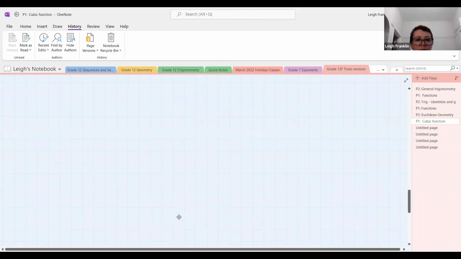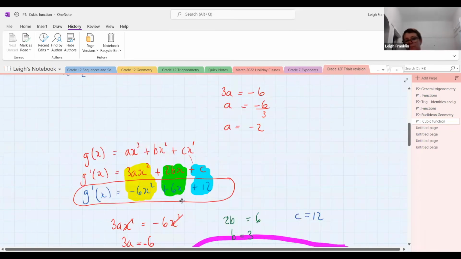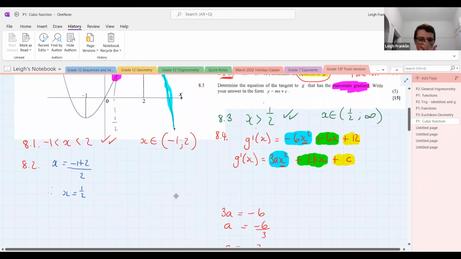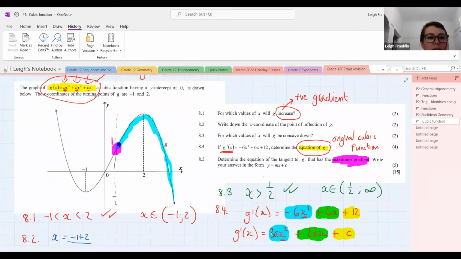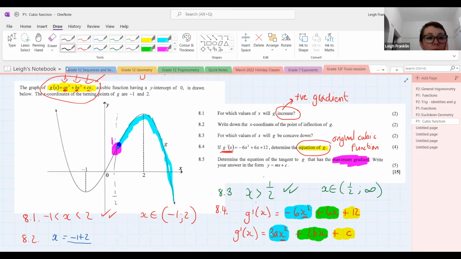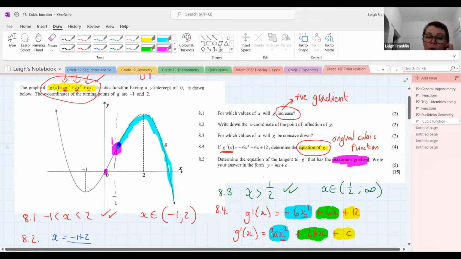Just move this down. Okay, so with this particular graph, it goes through the origin. So your y-intercept is going to be at 0, because the graph is going through the origin. Your x-intercepts, now I don't know if they will factorize nicely or not, because it's not something that was asked in this question.